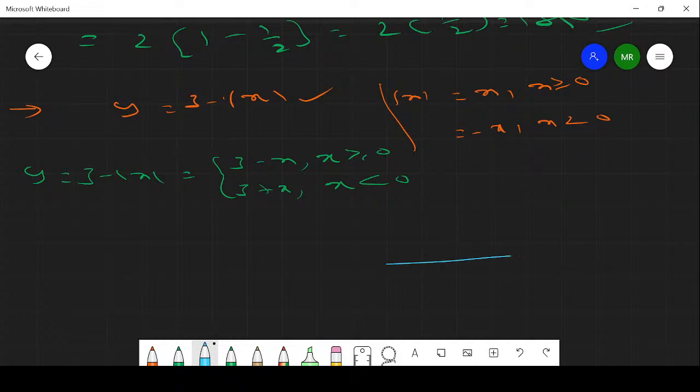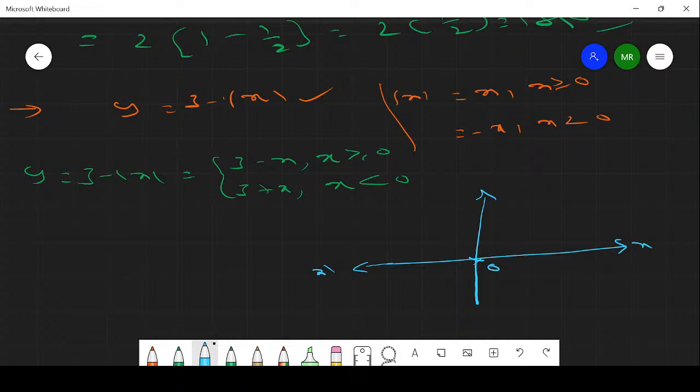Please consider these as the x-axis and y-axis, with x and x dash. Now you can see, this is the origin here.